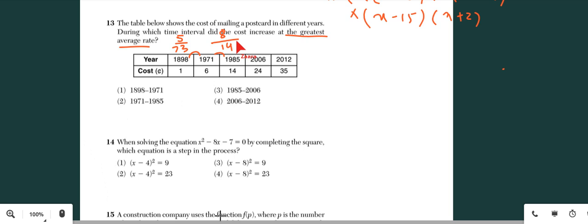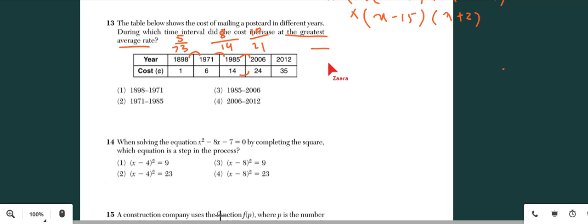Yes. Okay, then from this to this, 24 minus 14 is 10 over the difference between them, 2006, 15 and 6... 21, right? And 2012 to 2006, the difference is 6.